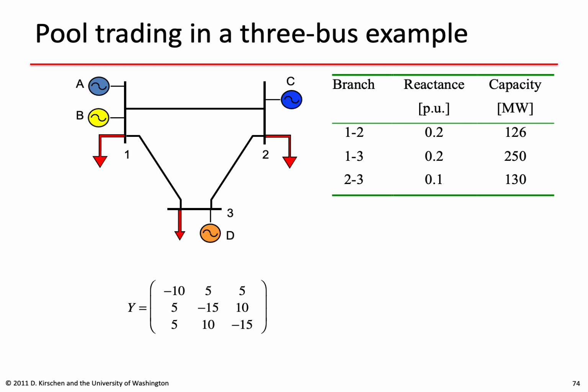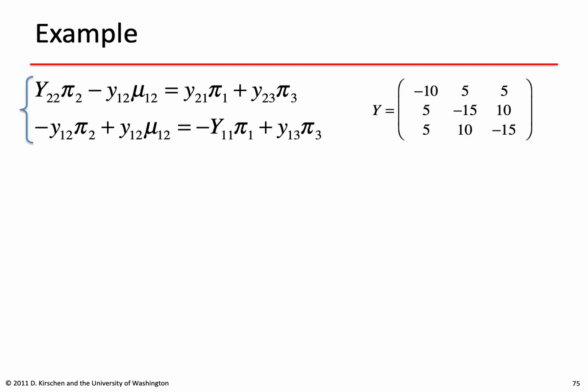So if the reactance is 0.2, the admittance Y12 will be 5, and same thing for Y13, and Y23 will be 10 because the reactance is 0.1. Terms Y21, Y31, and Y32 are obtained by symmetry. The diagonal terms are minus the sum.